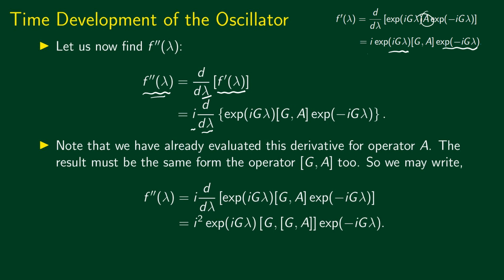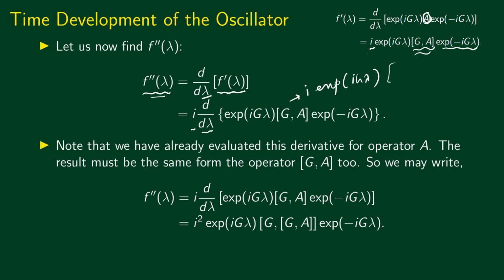So this answer should be i multiplied by, just following the same steps, or just by looking at this, we see that there's an i here, so i multiplying by an exponential ig lambda, which should appear here also. And what we have here is the commutator of G with whatever operator is appearing here.